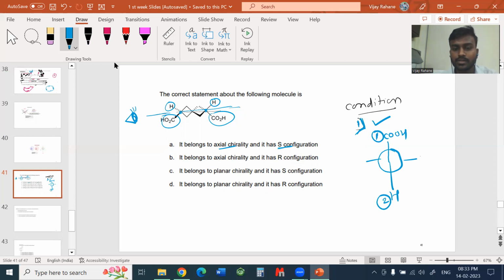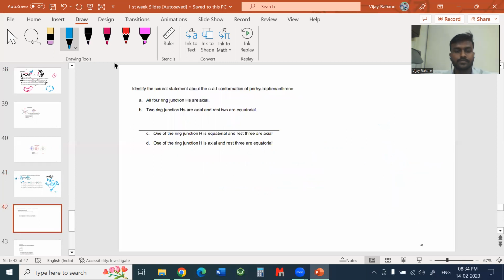The CO2H will be on the right side, and hydrogen will be there. It's having 3, it's having 4, so the configuration is 1, 2, 3. It's the S configuration, right? So option 1 is the correct option.